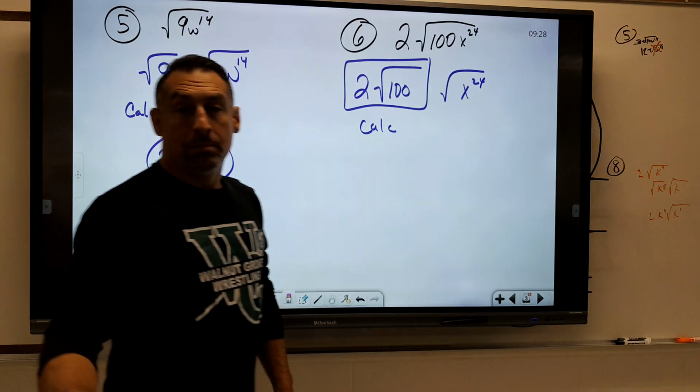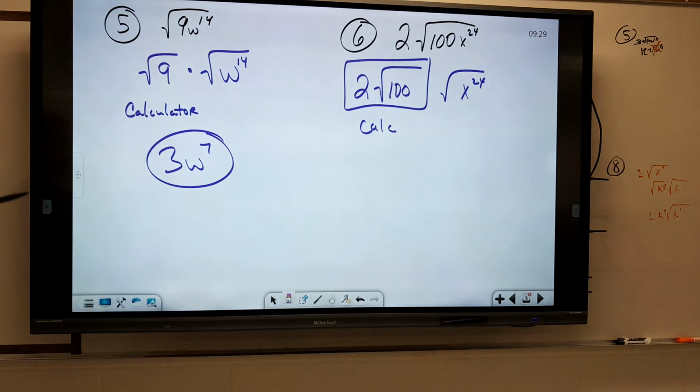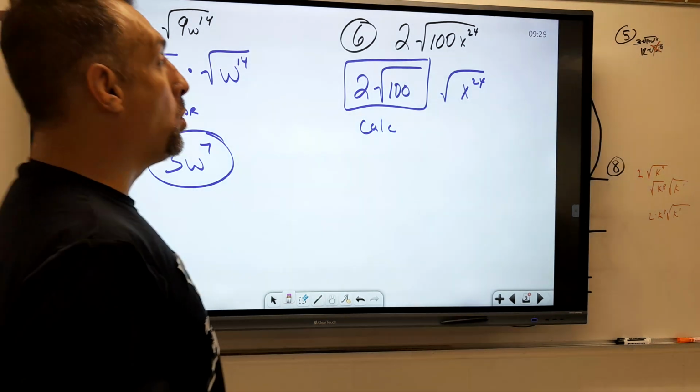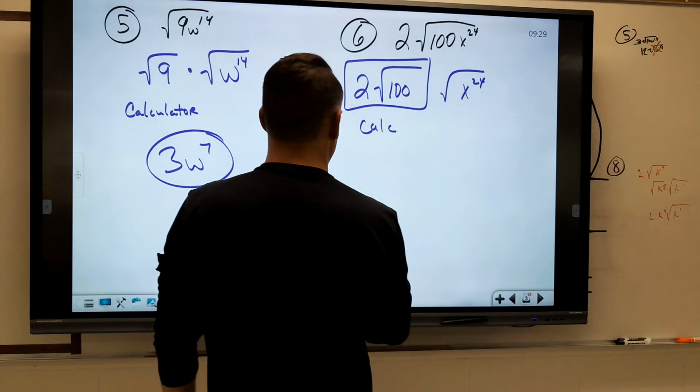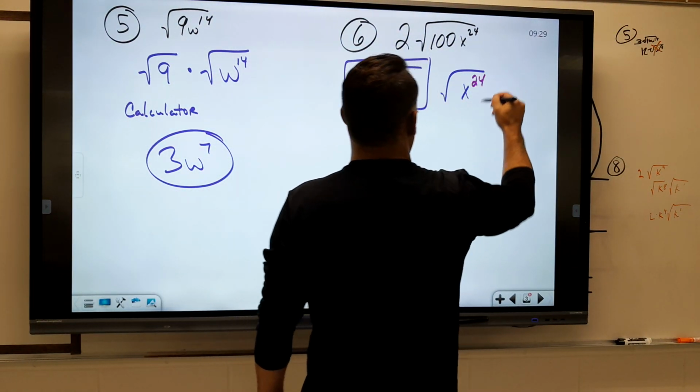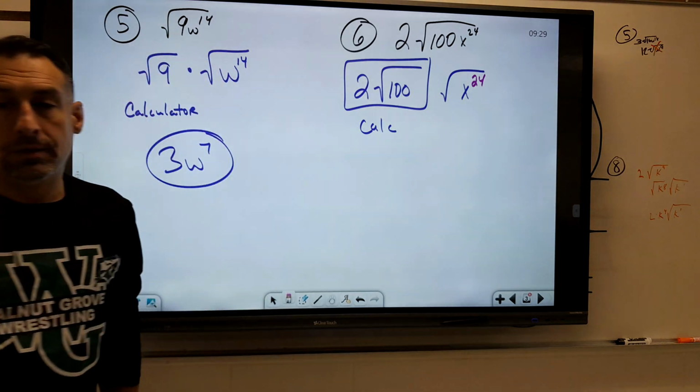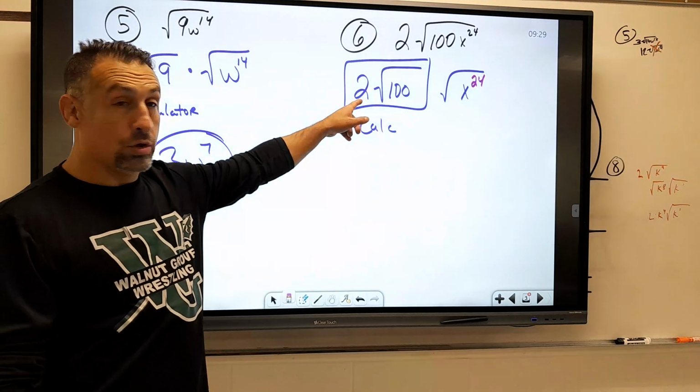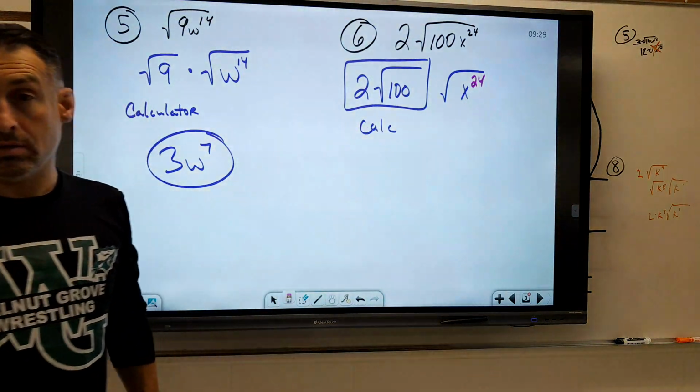Please plug in the number part so the class can have the answer. That's an x to the 24. So type 2 square root 100. What'd you get? 20.